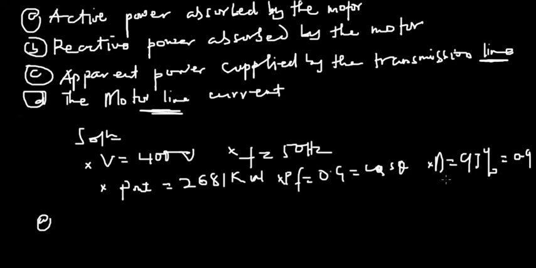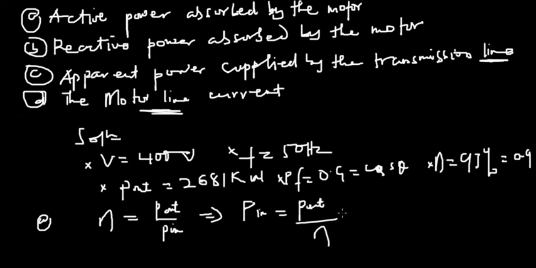Since we've been given efficiency and power output, we can find the power input. You have efficiency equals output over input, so power input is equal to power output divided by efficiency.